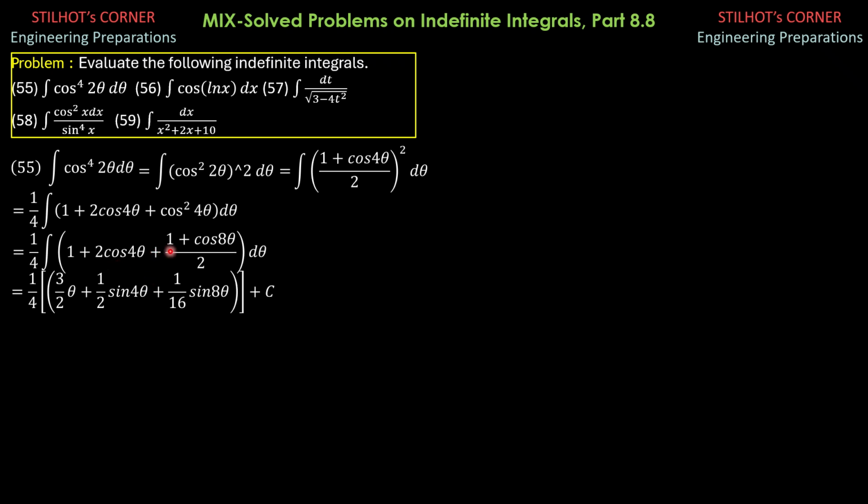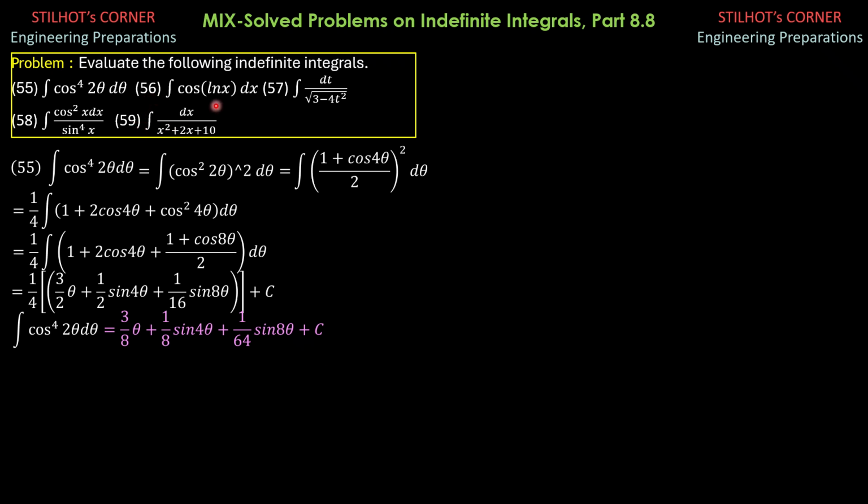Then this is 1/2 integral of cosine 8 theta, so 1/2 of 1/8, because there is 8 theta here, so 1 over 16 sine of 8 theta, plus c. Distributing the 1/4, we have the integral of cosine to the fourth 2 theta d theta is 3/8 theta plus 1/8 sine 4 theta plus 1 over 64 sine 8 theta plus c. So that's it for problem 55.